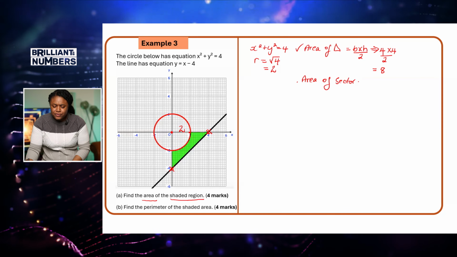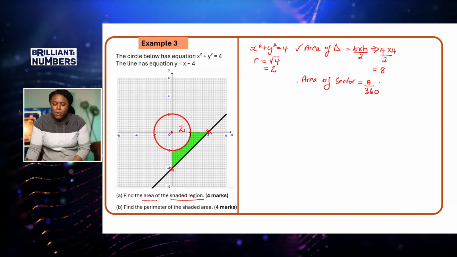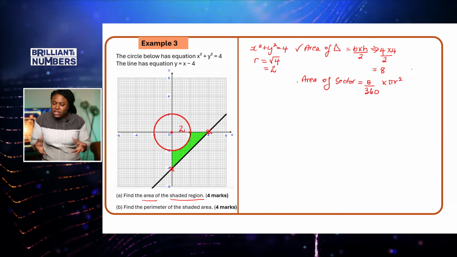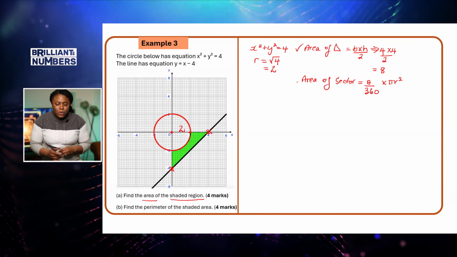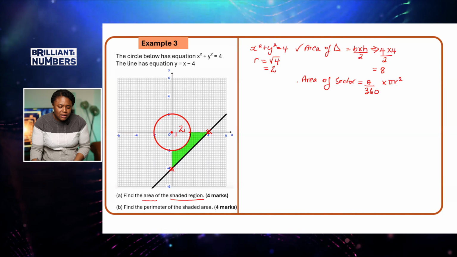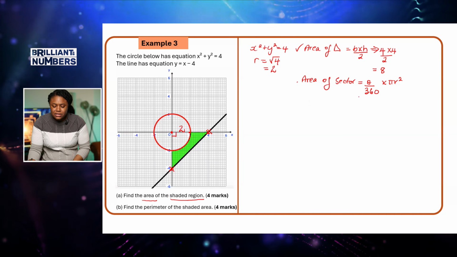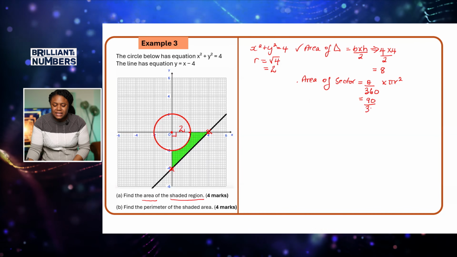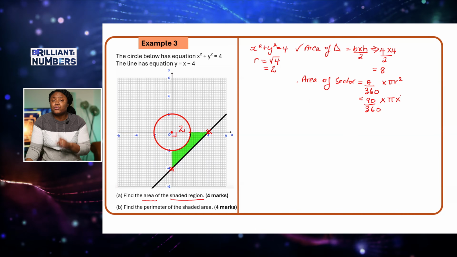Or we can apply the formula theta over 360, so theta, which represents the angle, multiplied by pi r squared, which is the total area of a circle. We also looked at that at the intro. Now, if I have a quarter of a circle, it means that the angle is 90 degrees. So I'm going to substitute that in. So it will be 90 divided by 360 multiplied by pi times the radius squared.